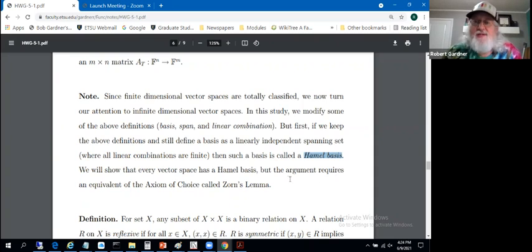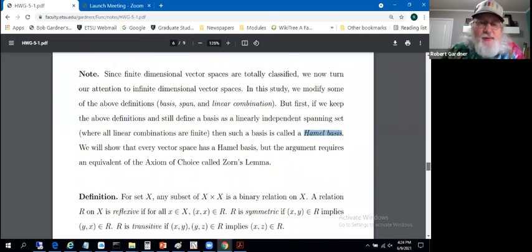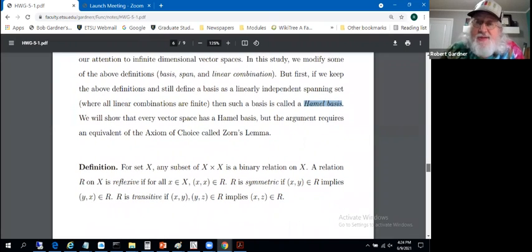Maybe the surprise is the argument to prove this requires something equivalent to the axiom of choice called Zorn's lemma. It's really just a set theoretic argument. So we're going to have to step aside here briefly and discuss some set theoretic ideas.